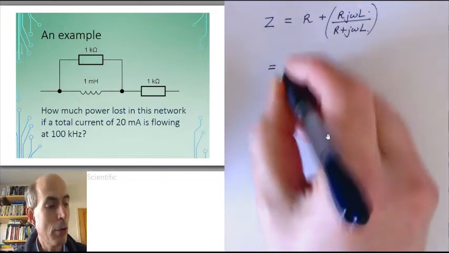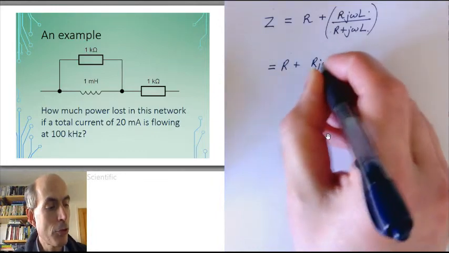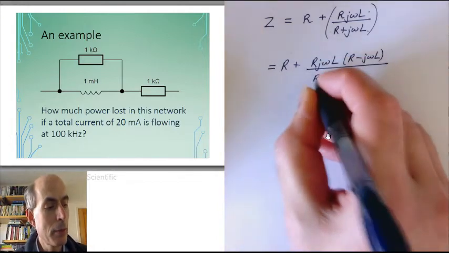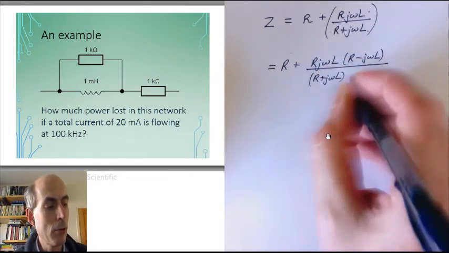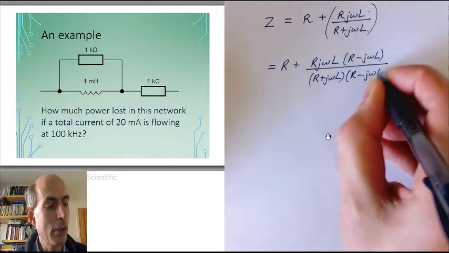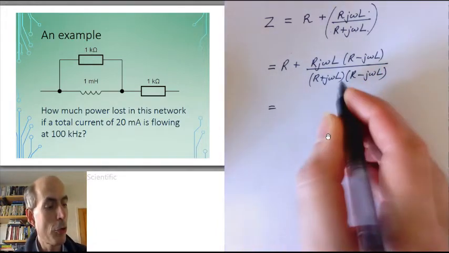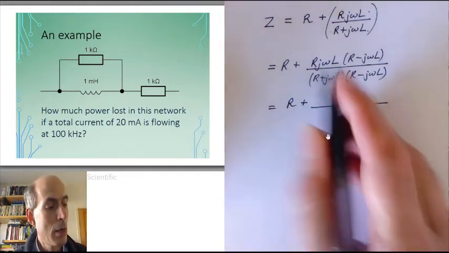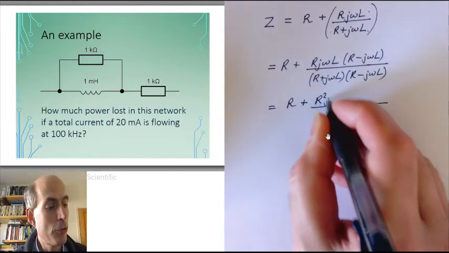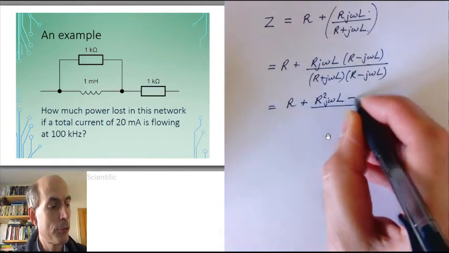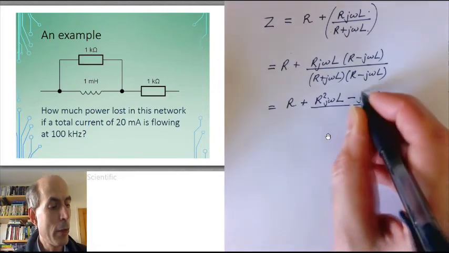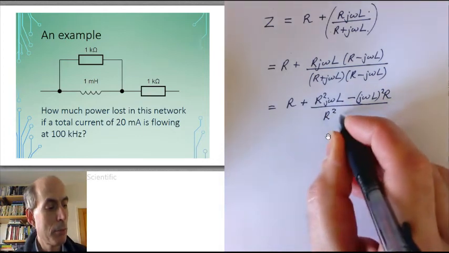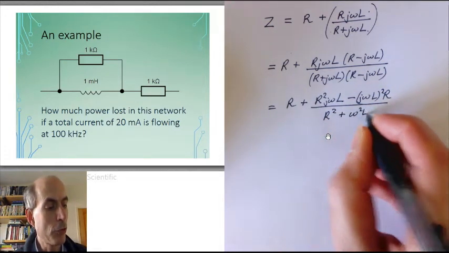So that would give us R plus R j omega L times R minus j omega L divided by R plus j omega L times R minus j omega L. And if we multiply out those, that would give us R plus R squared j omega L minus j omega L squared times R divided by R squared plus omega squared L squared.